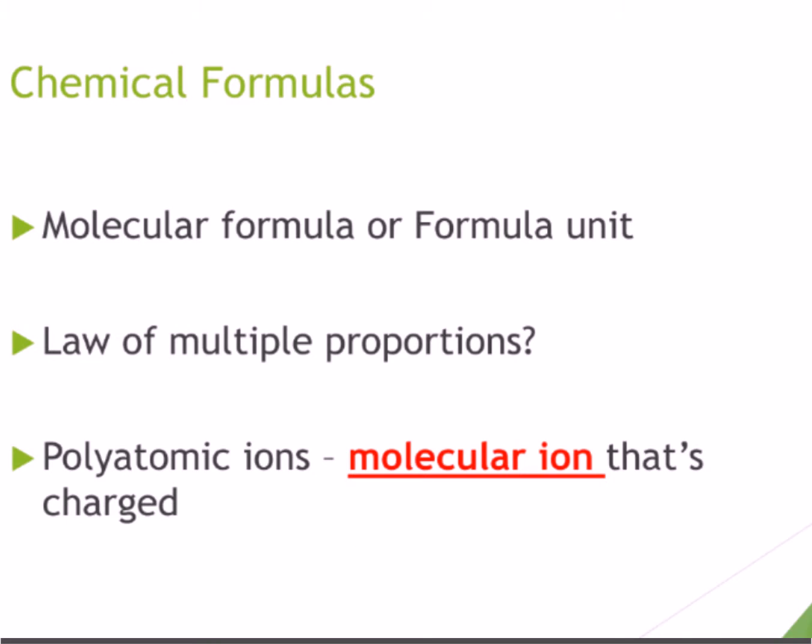So now, when we talk about chemical formulas, going off of those two last names that we had, ionic bonds and covalent or molecular compounds, now we're talking about the formula. So molecular formula, what is that referring to? Formula unit? Nope. Molecular formula refers to a what? Covalent bond. Yeah, there it is, guys. It's a covalent compound.